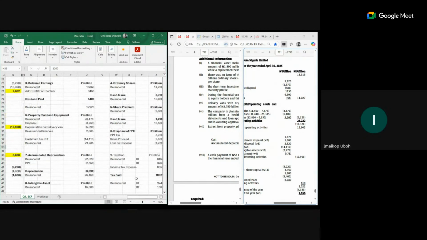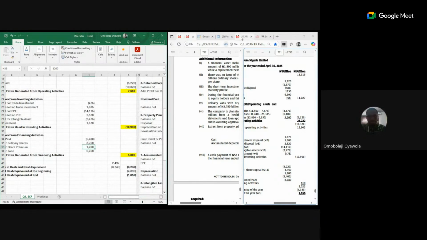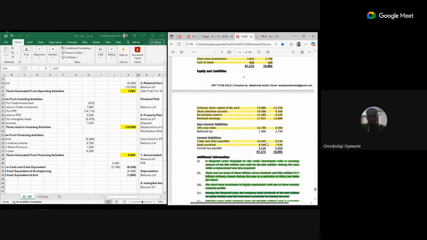You said they were in the process of getting it now. No, I thought it was not acquired late. The loan note: 12,780 minus 9,150. The difference is not 6,250.